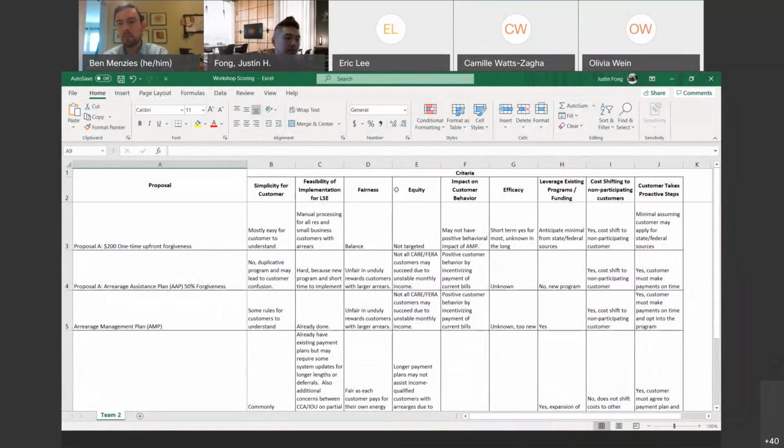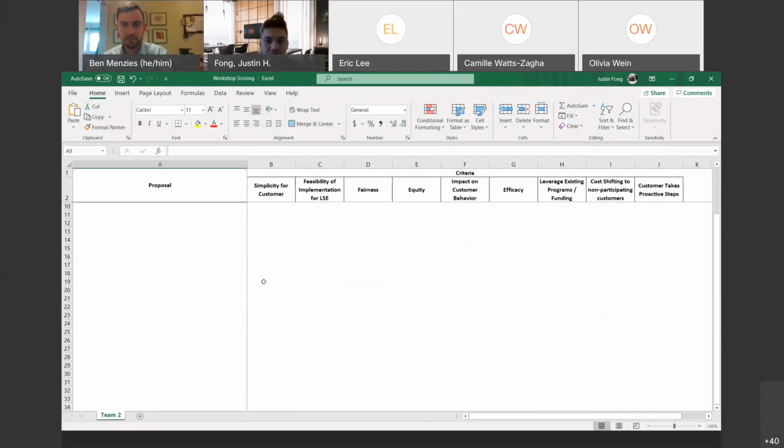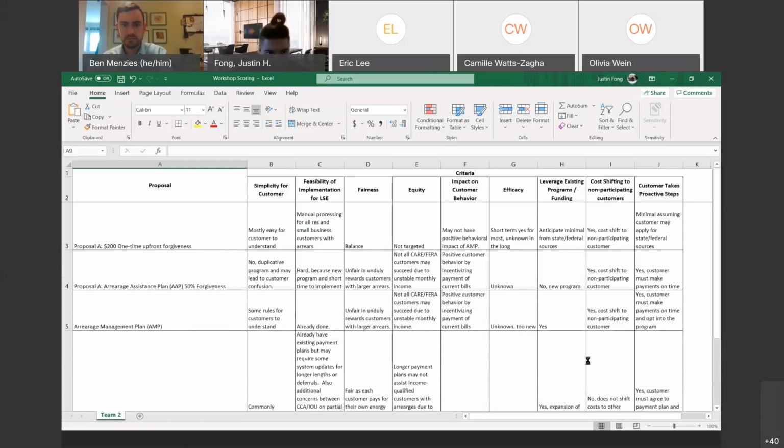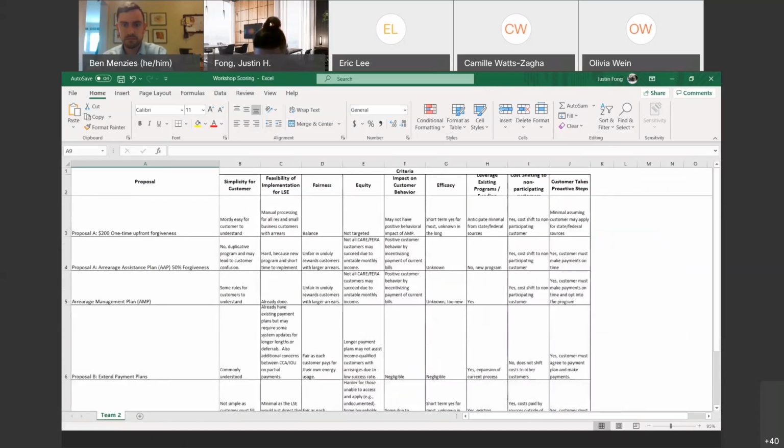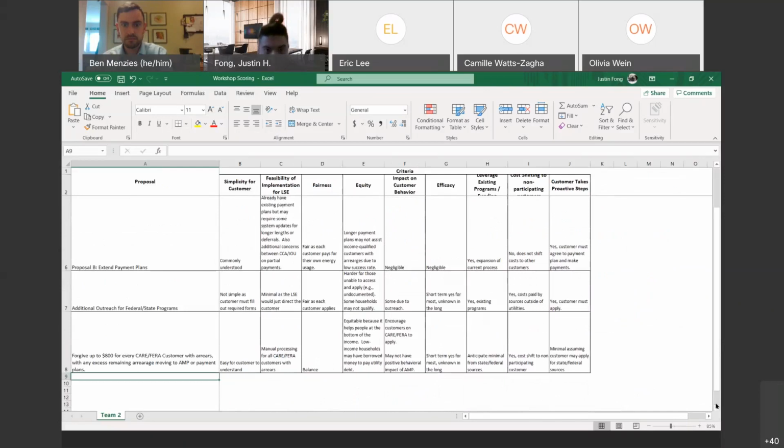Some of the proposals here are similar to things we've heard before, so I wanted to focus on where our chart is very different. And if you can scroll to the last proposal, what we were doing was trying to target relief to the most vulnerable population, and realizing that AMP is an opt-in program, and that arrearage management programs are not ideal for households that do not have a steady stream of income.